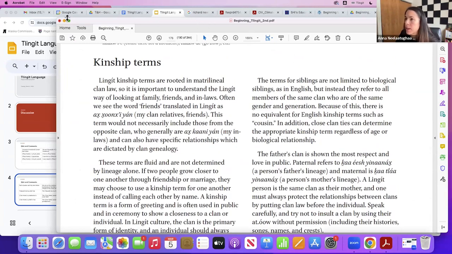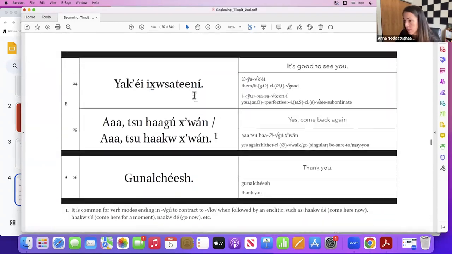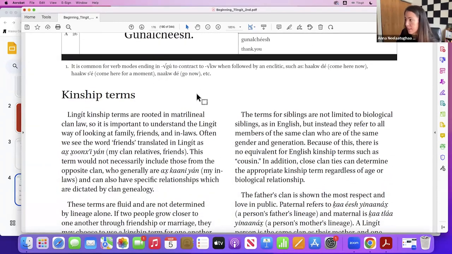Let's read this since we're talking about it, and this is a good resource. Page 176 in the beginning Tlingit workbook says Tlingit kinship terms are rooted in matrilineal clan law, so it's important to understand the Tlingit way of looking at family, friends, and in-laws.